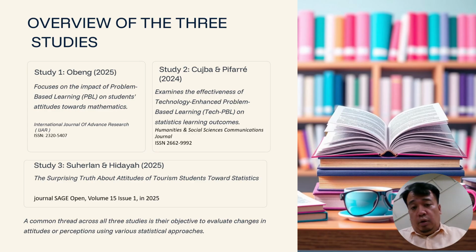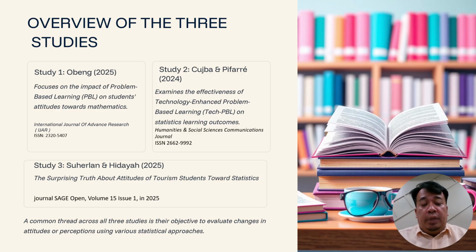The first study, conducted by Obeng in 2025, focused on senior high school students in Ghana and investigated whether problem-based learning, or PBL, could improve student attitudes toward mathematics. The second study, by Chubja and Pifare in 2024, evaluates the impact of a technology-enhanced collaborative learning model called SPIDAS on Spanish students' attitudes towards statistics.